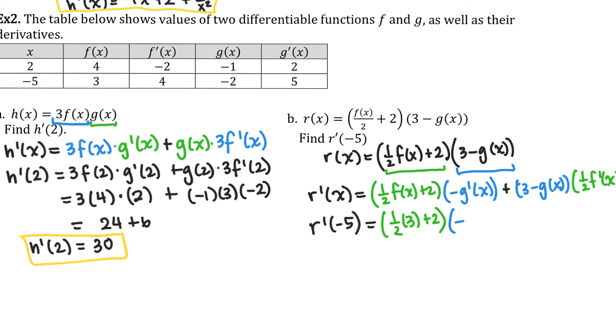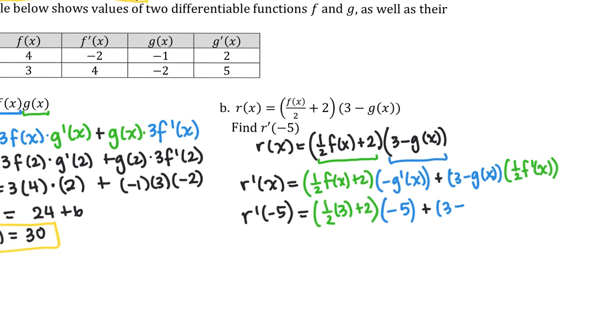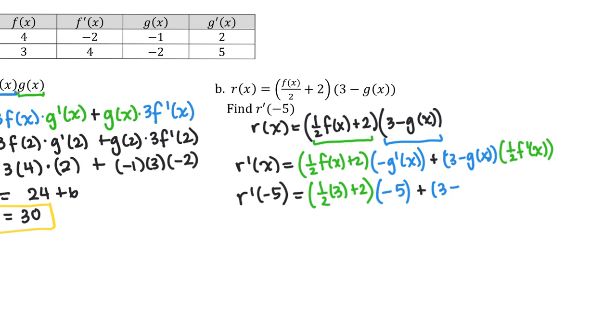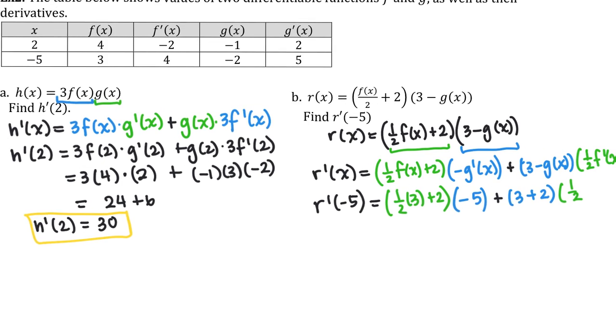So g prime of negative 5 is 5, plus 3 minus g of negative 5. G of negative 5 is negative 2. Oh, so 3 plus 2 times 1/2 of f prime of negative 5. F prime of negative 5 is 4.